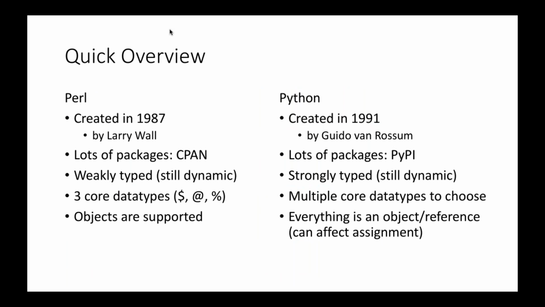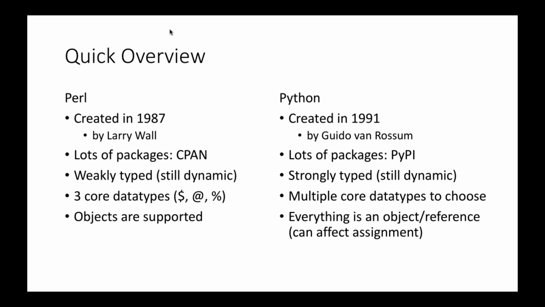And I picked Perl and Python both because they've been around for a long time. They have a ton of packages, both the Comprehensive Perl Archive Network and the Python Package Index allow you to augment your language. So if you need to do CSV or connect to a database or export to this or, I don't know, do some kind of matrix manipulation, whatever you can think of, somebody's probably written a package for.